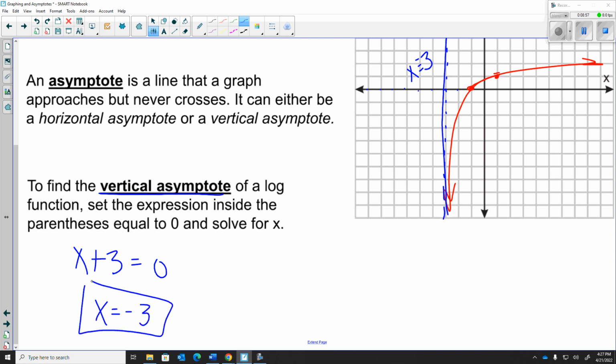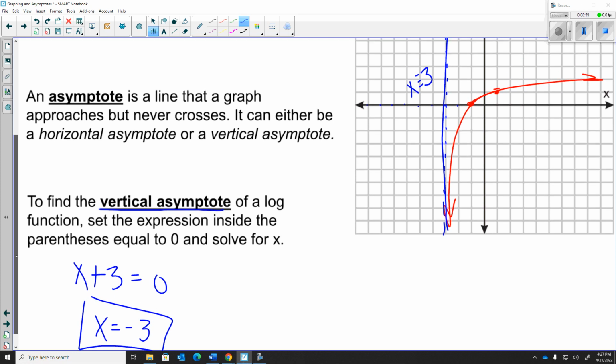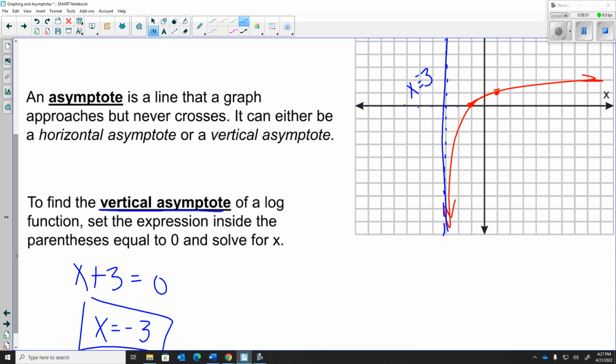And it kind of passed the eyeball test, right? X equals -3 is this line right here. And we kind of saw that already, right? So x equals -3 is the vertical asymptote of this log graph. It will never cross that line, okay?